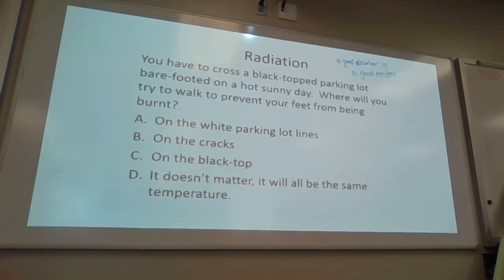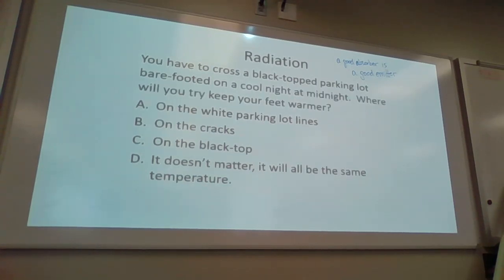So here's something crazy. On a hot sunny day, you're walking across the parking lot barefoot. You're going to stay on the white lines, right? You don't get burnt. At night, let's say you want to keep your feet warm, after midnight. Actually, the coldest part of the day is right before the sun rises, because the Earth has had more time to emit. So let's say you're walking across a parking lot and you want to keep your feet warm.